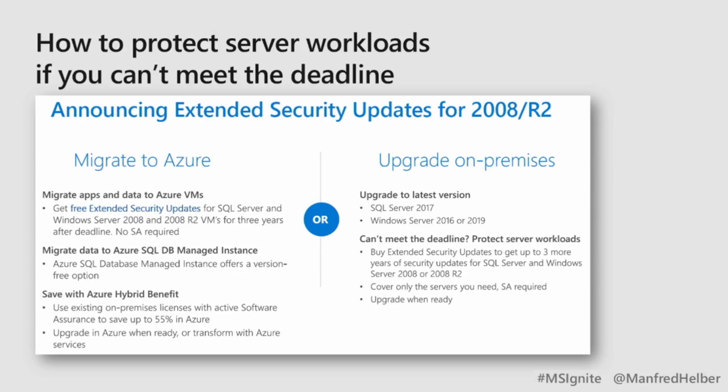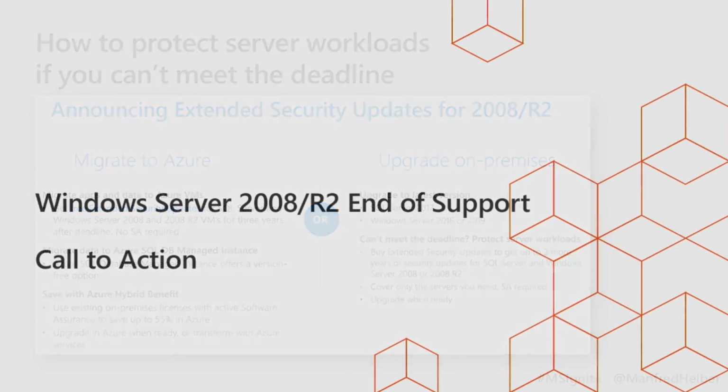In Microsoft Azure, you have the extended support for 3 additional years included. So if you migrate your Windows Server 2008, 2008 R2 to Microsoft Azure, you will be able to get security updates till January 2023. For some scenarios, this can be an absolute opportunity.